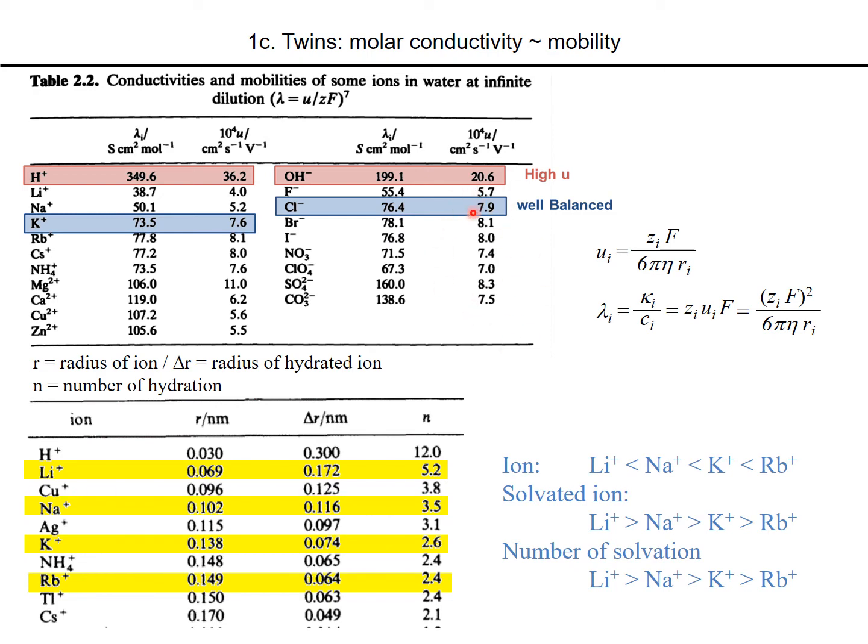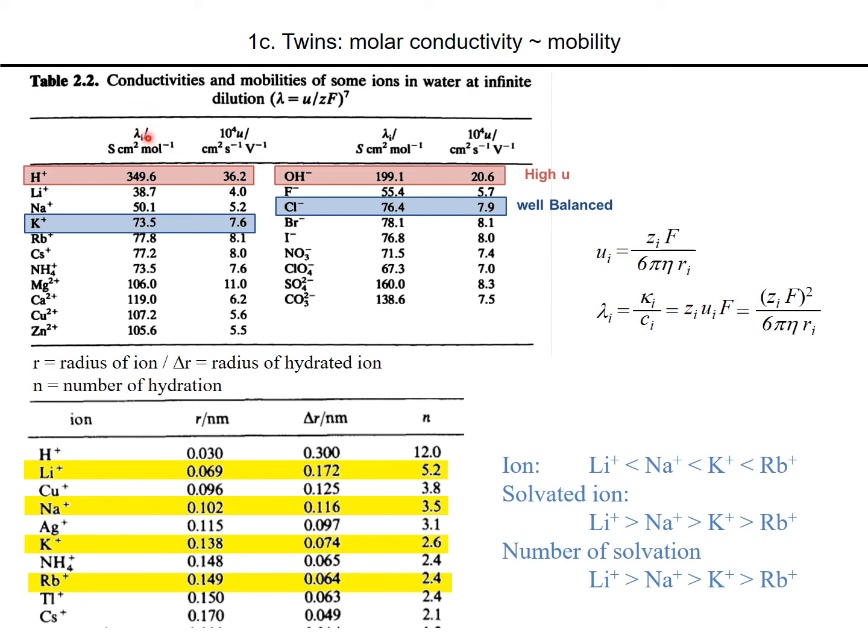However, in terms of molar conductivity, the 2 plus cations or 2 minus anions are always higher than those of 1 plus cations and 1 minus anions respectively, because the effect of charge is more important for the molar conductivity.